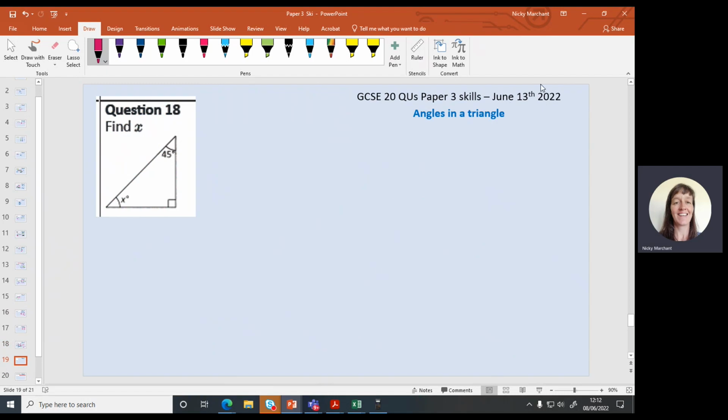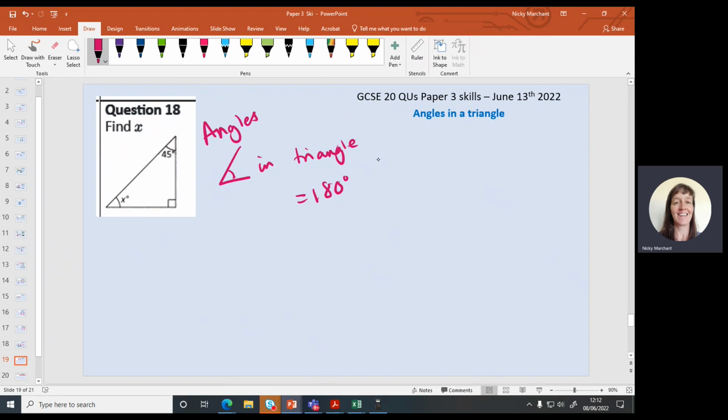Okay, angles in a triangle. This one's quite a simple example, really. But angles in a triangle. So in a triangle, angles equal 180 degrees. If you've got to give reasons, then you need to have these words, and really I've cheated there. You should have the word angles, okay, in a triangle equal 180 degrees. That's a reason that would get you a mark.